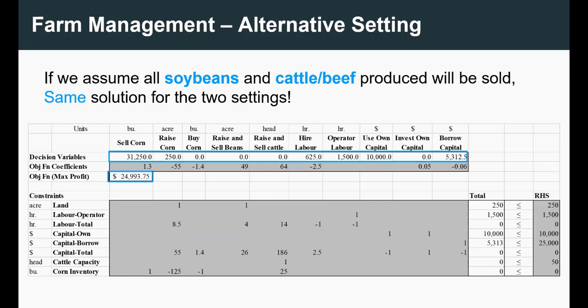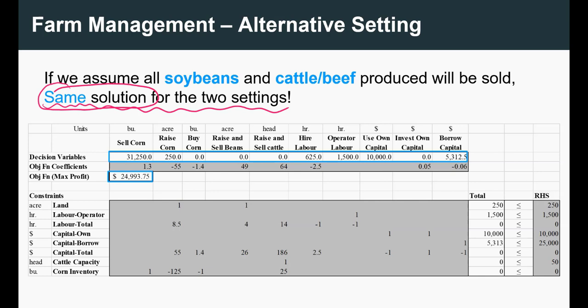So again, I want to emphasize here that even if you have two different settings, you end up with the same solution. Sometimes linear programming is really more of an art than a science.